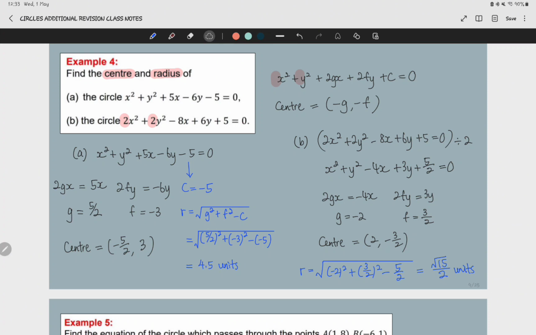But for this one, you must make sure the coefficient of your x squared and your y squared is 1. So let's say if it's 4, you have to divide the whole equation by 4 to make it 1. Then only you can compare 2gx equals to what x, 2fy equals to what y. Then you find your g and your f. Then you get your center and your radius.